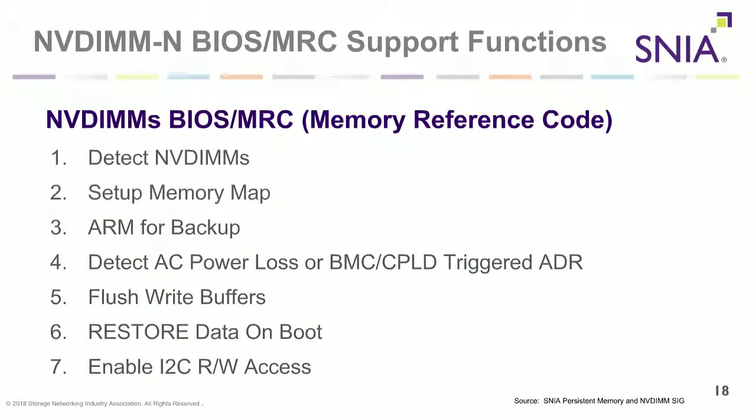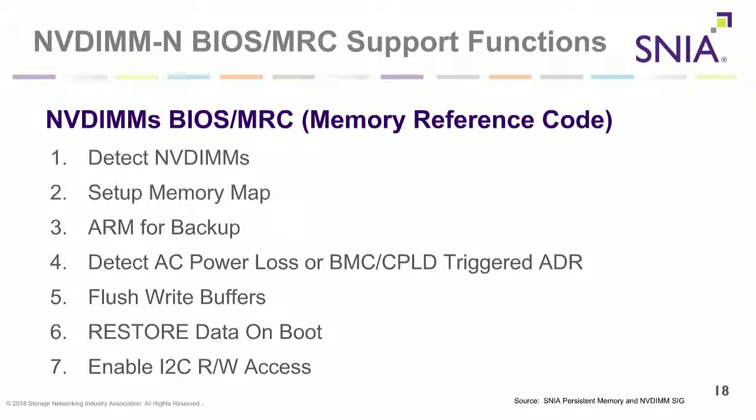So how is it different from your standard DDR4 DIMM when you plug it into the platform? Because you're going to be plugging it into the same DDR4 slot. How does the BIOS differentiate? Essentially, the BIOS coming out from Intel has been modified to detect persistent memory NVDIMMs.